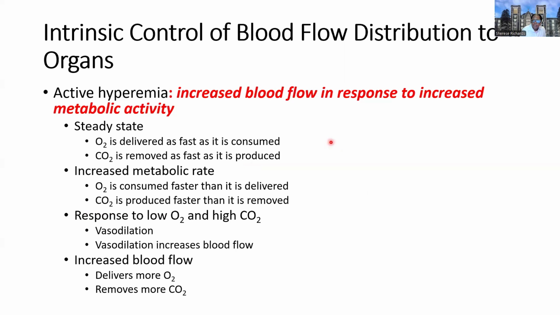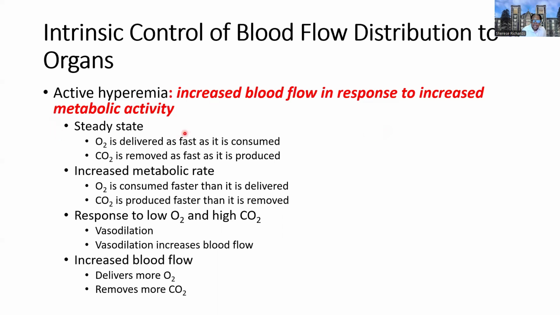Other factors, for example, active hyperemia. So if you have increased blood flow in response to increased metabolic activity, again, that smooth muscle, that muscle exercise example is a classic example. If your muscles are under increased metabolic activity and they demand more oxygen, then we're going to have vasodilation to bring that flow.